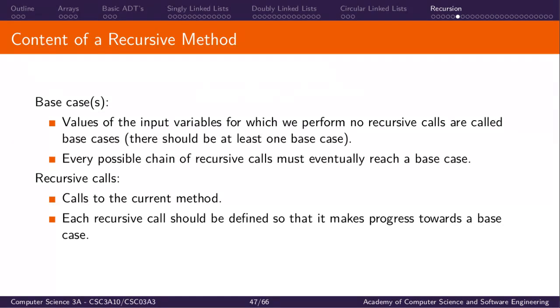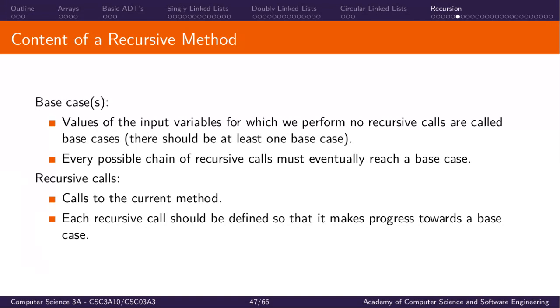We should actually be returning a value based on our parameters. We can have more than one base case. So it could be a switch statement, and we have several different cases, or we could just have a more complex conditional statement. But one of those has to be reached from our recursive calls.